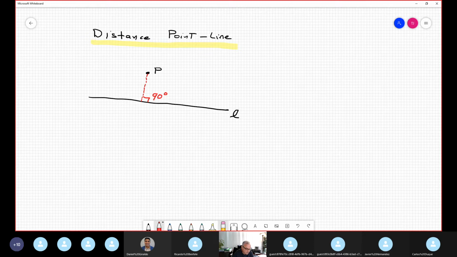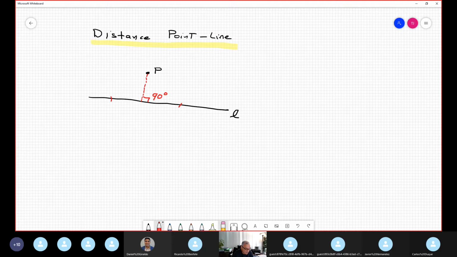Okay, it is the minimum, no? Because we have distance here to different points, but it is not the minimum distance, no? What is the minimum distance? What is the shortest segment connecting P and the line? This is the idea now, right?